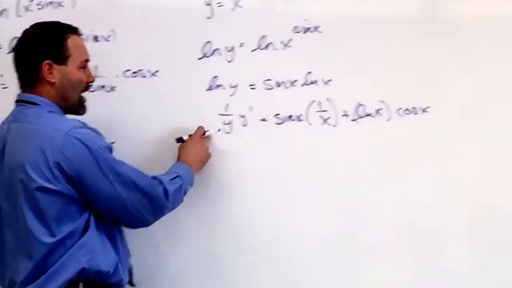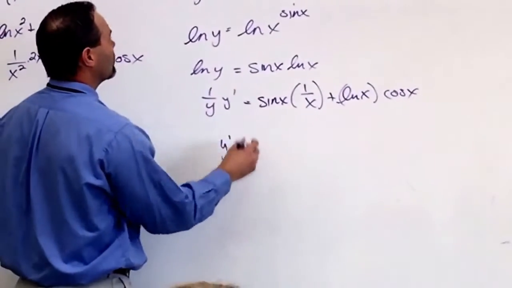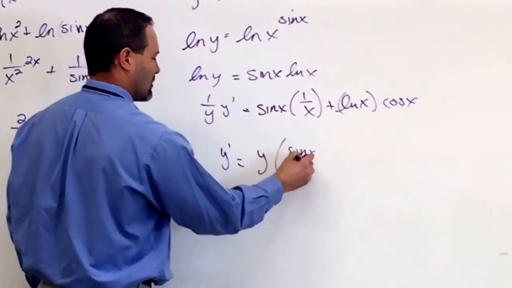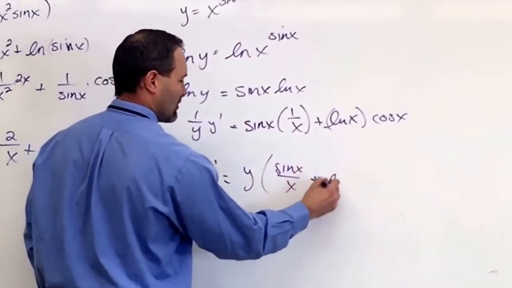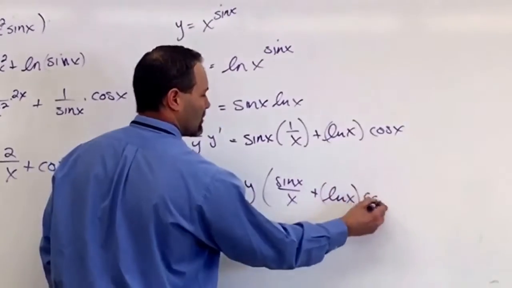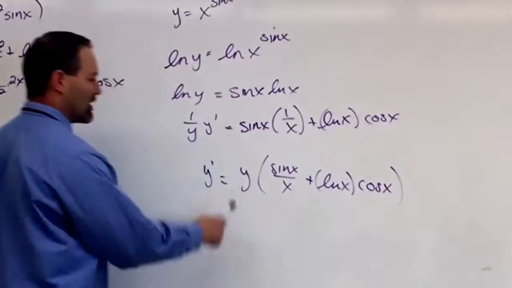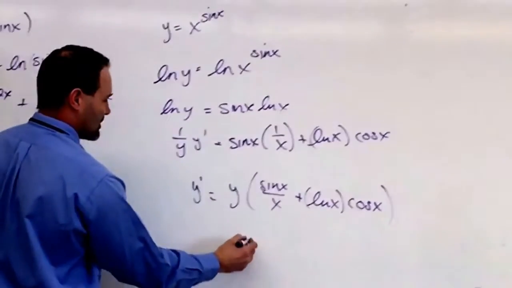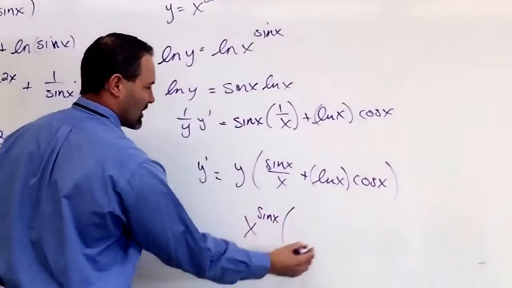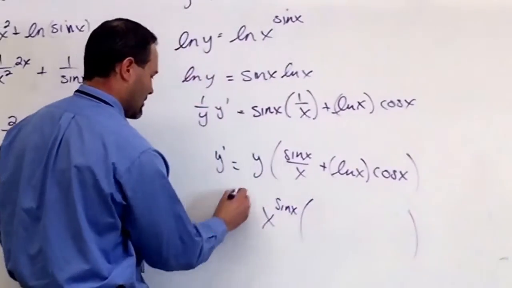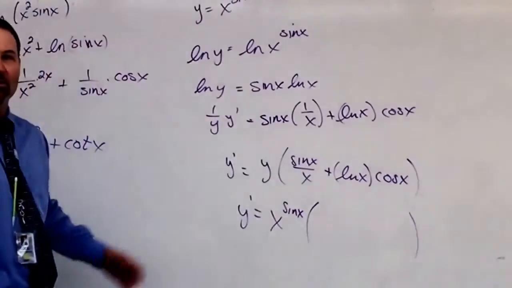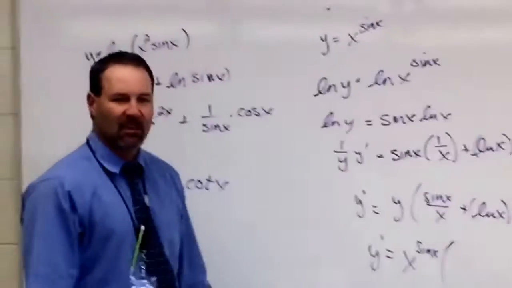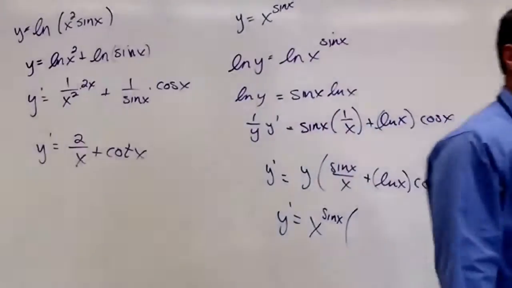Then multiply by y, which I'll just leave as y for right now. And then we could say what y is. So it's just x to the sine x times all of that stuff. So you do that technique if it's a variable to a variable. I thought I saw at least one of those on that sheet.